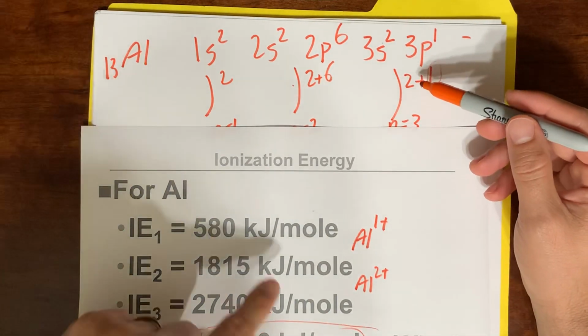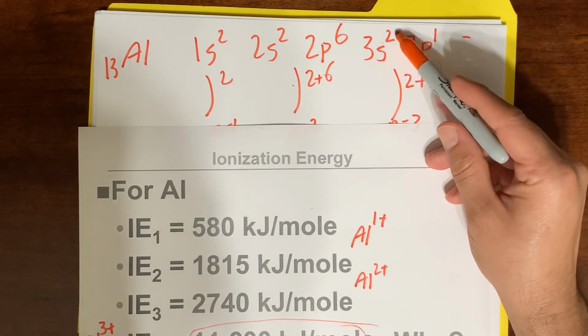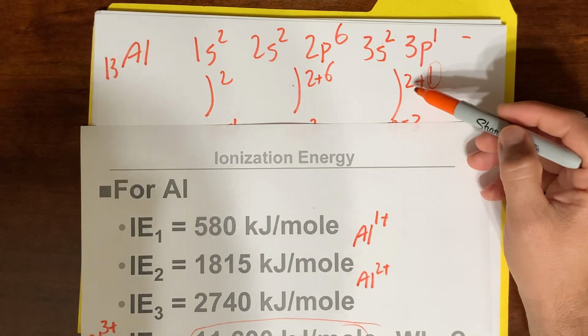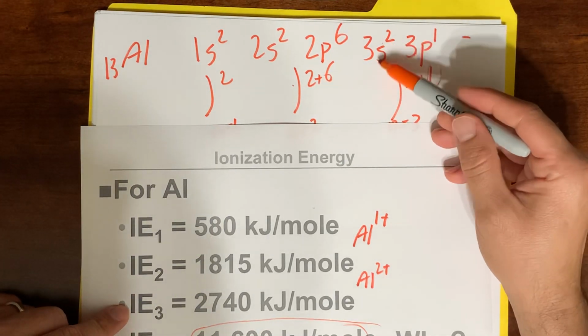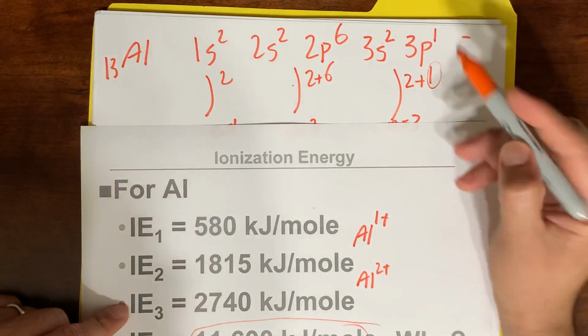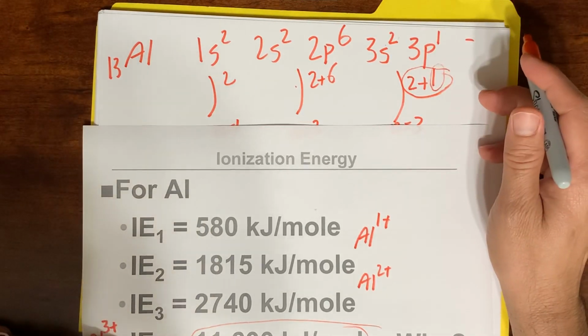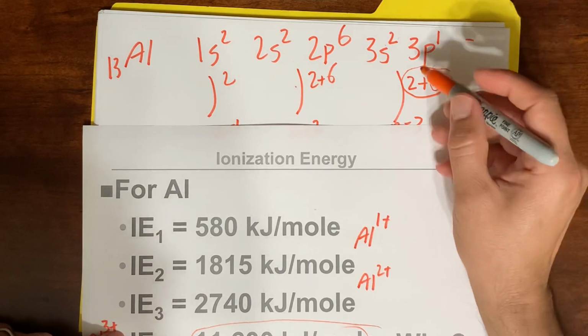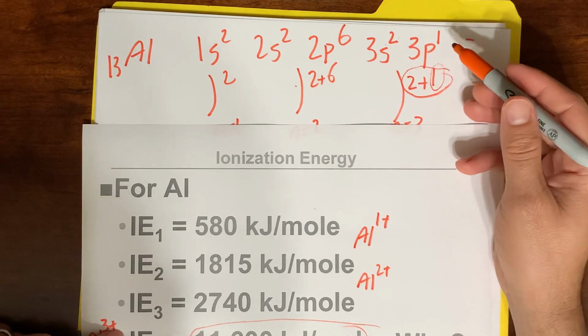The second ionization energy will be from the 3s orbital. The third ionization energy will be again from the 3s orbital. So we can take 3 valence electrons. But for the fourth one, you will be done with the valence electrons. There is nothing left for the valence electron.